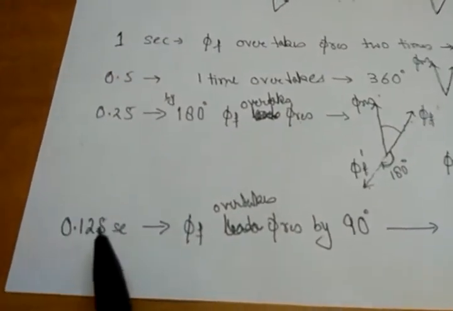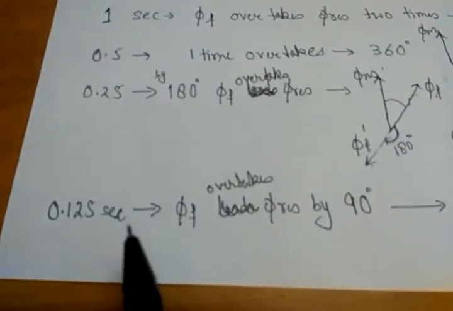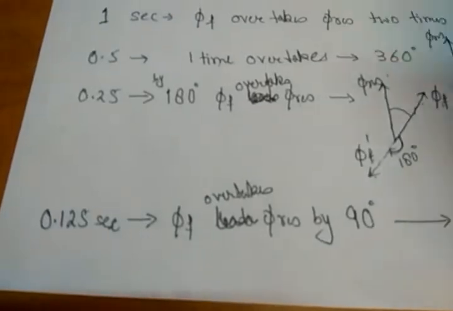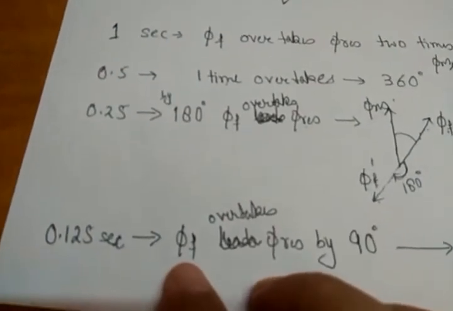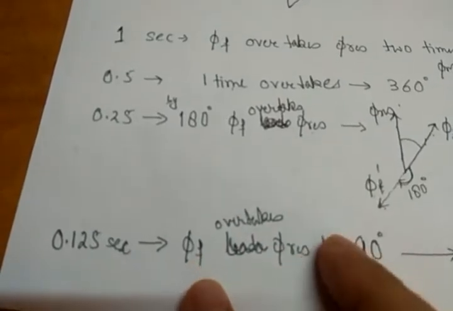Okay. So let us take a case when the time is 0.125 second. When the time is 0.125 second, phi f overtakes phi resultant by 90 degree.